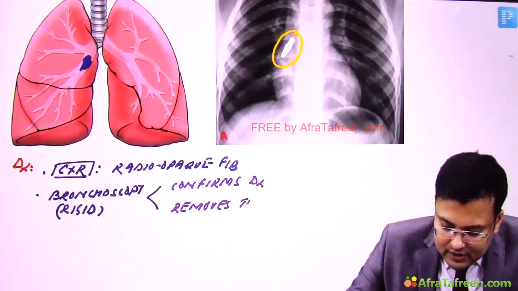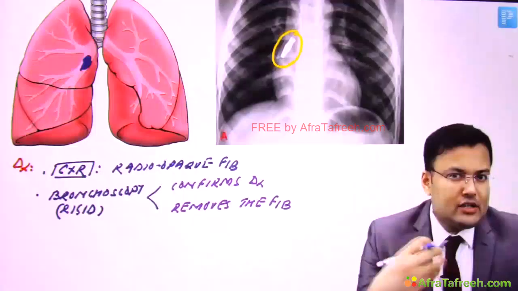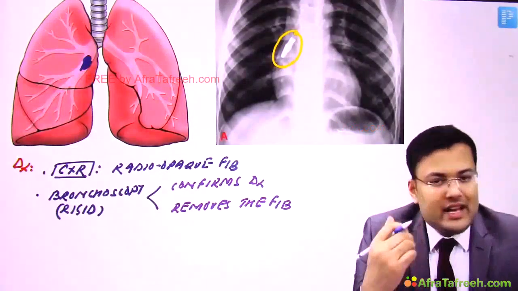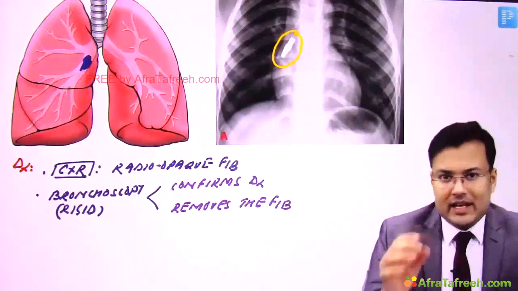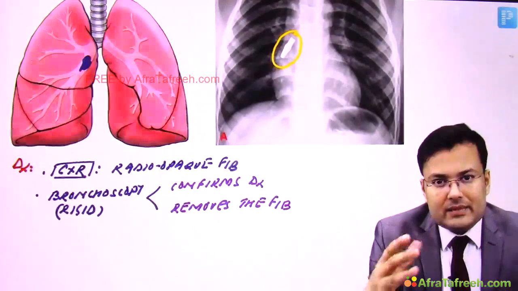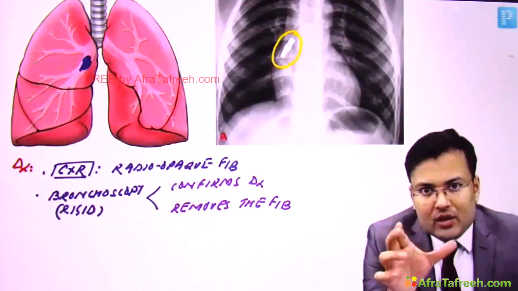Now see the complications of tracheobronchial foreign body. Suppose there is a solid foreign body. What happens? There is air trapping. Why? What happens in the airway? On inspiration there is expansion of the lumen, and on expiration there is collapse of the lumen.